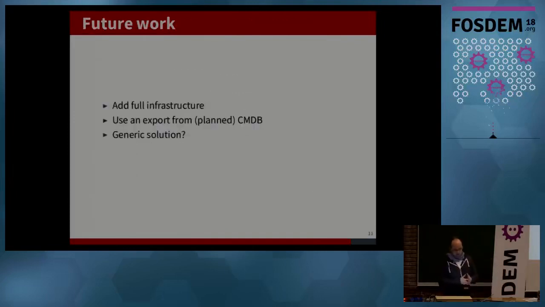So there's a few things left. One is that we need to have the full infrastructure encoded in those YAML files, in those collections. One is to get those YAML files actually from our planned config management database, because as you've seen for those 7 services, it was already a rather complex graph. It will be more complex if we go up to our full 20.